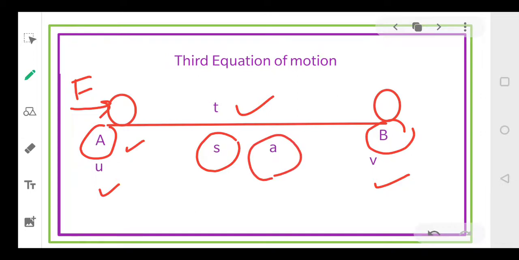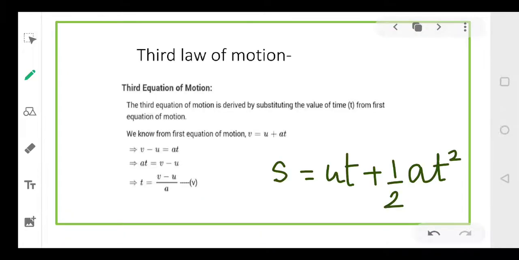So what is the acceleration, dear students? Acceleration is equal to V minus U upon t, right? This statement and this diagram will remain the same for all the three equations. So you will be using the diagram and writing this statement in all the three equations, right? Clear? Okay, let's start the derivation then.